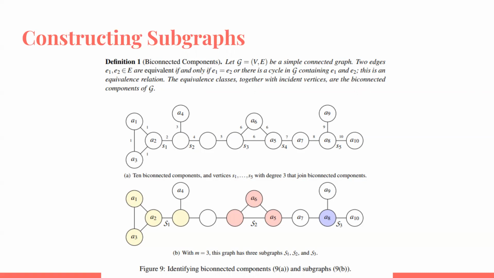The equivalence classes together with incident vertices are the biconnected components of G. So we can see here that there are 10 biconnected components and vertices S1 through S5 with degree 3 that join the biconnected components. So these are the points that connect our non-trivial parts of the graph.